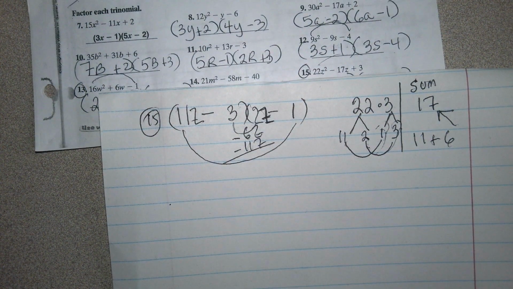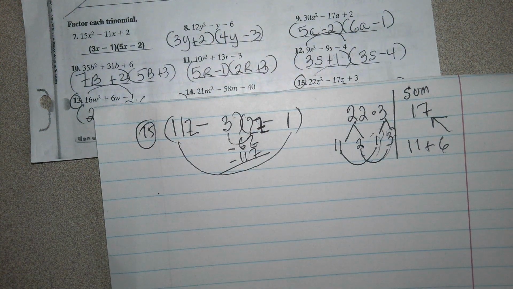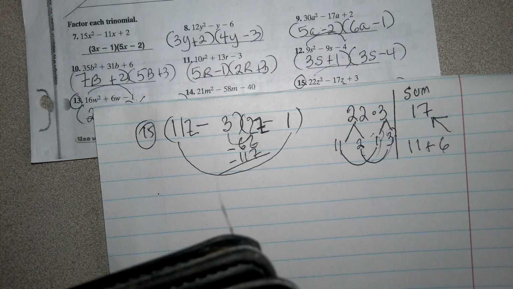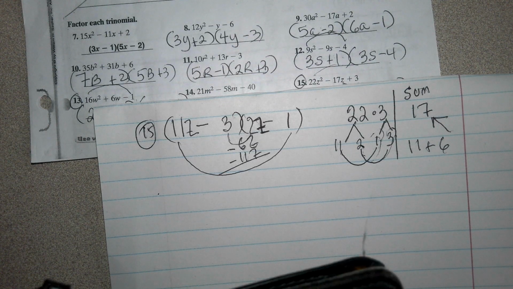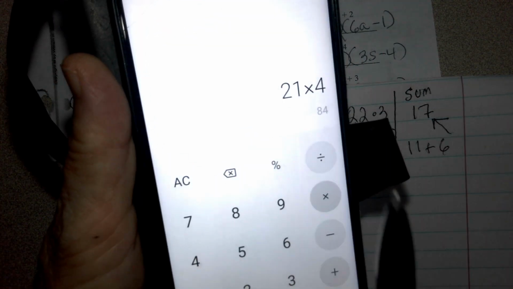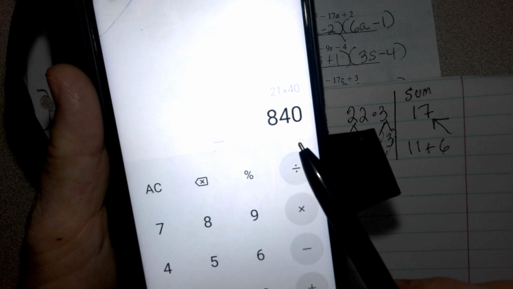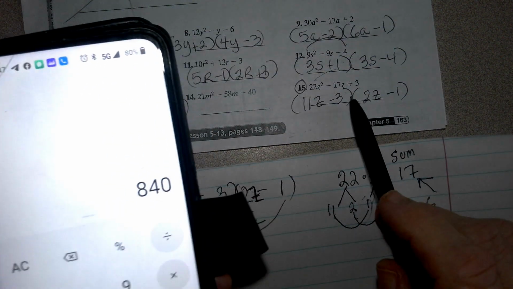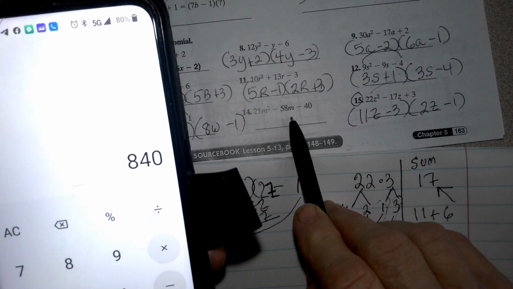And if I do it the way the book tells me, they say to actually multiply the 21 times 40. If I go 21 times 40, that would give me 840. Then I have to factor it out to see what's going to give me a 58. So I don't like this method.